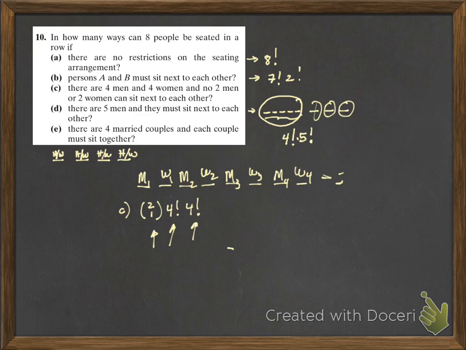We are going to arrange those 4 groups, of which there are 4 factorial ways to do that. And within each arrangement of them, we can permute each pair, right? So this first pair, wherever it sits, we have 2 ways we can sit it in its group. Same for the next, same for the next, same for the next. So this is our answer to E.